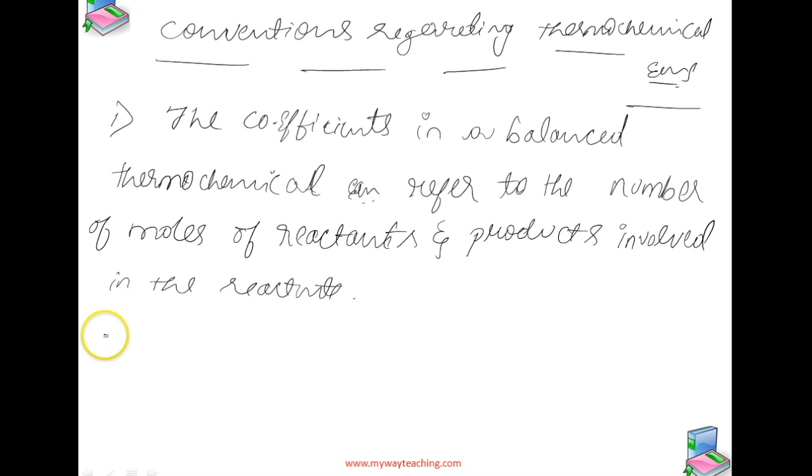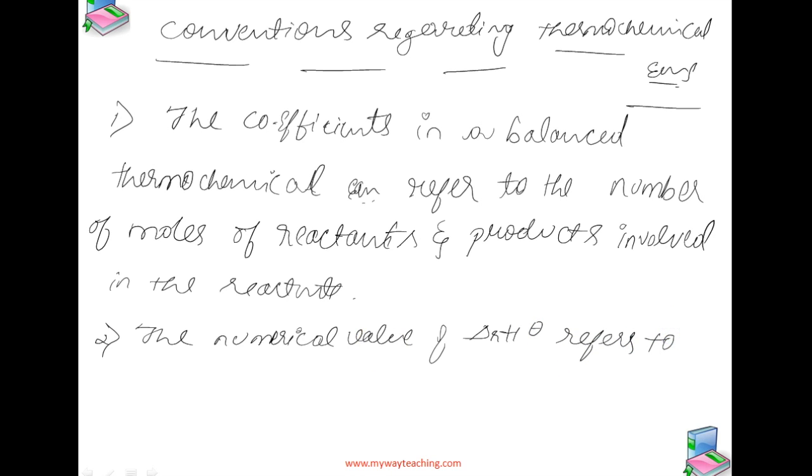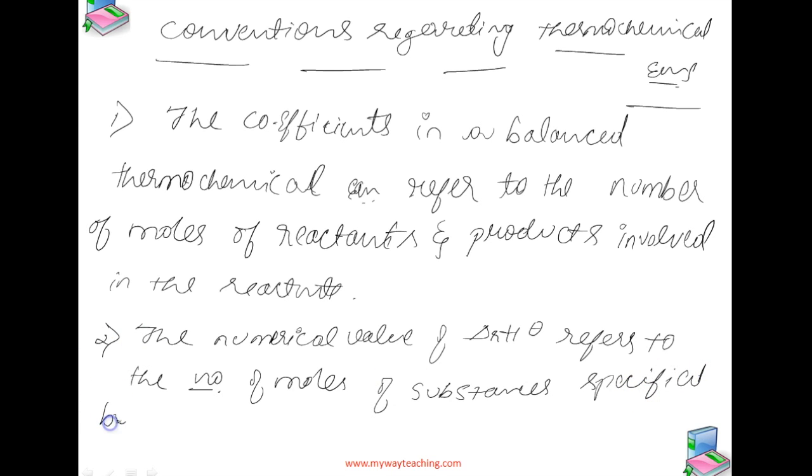Next, the second one: the numerical value of delta RH refers to the number of moles of substances specified by an equation.